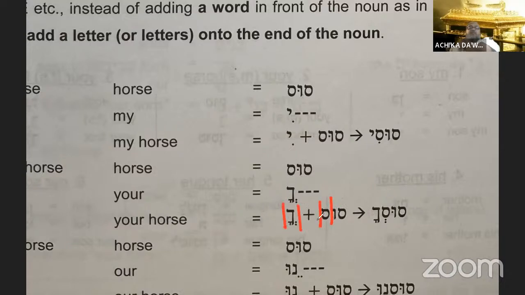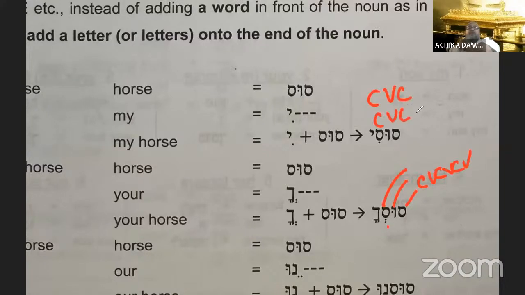Okay. Susecha. And if you notice, it's going to be a consonant, vowel, consonant, vowel, consonant, vowel. So in Hebrew, it could be consonant, vowel, consonant, vowel, consonant.